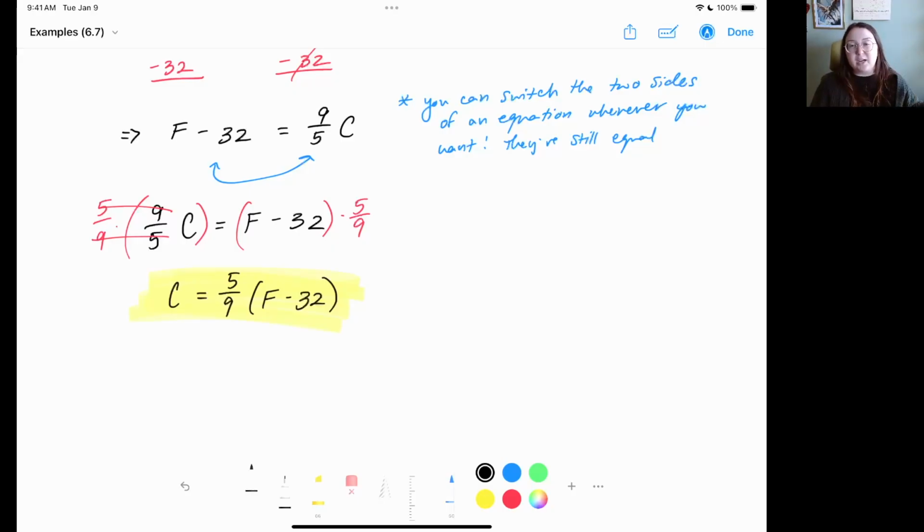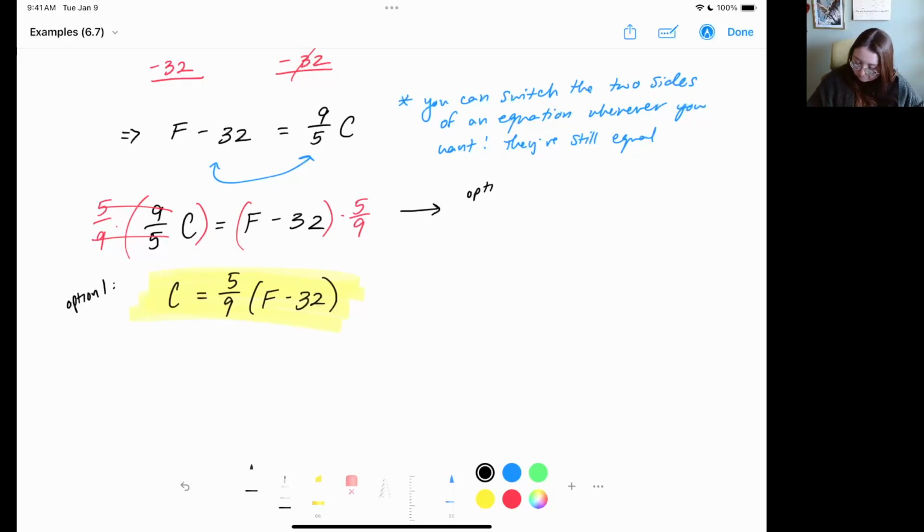When you have a fraction coefficient, multiplying each side by the reciprocal works pretty well. We don't need to simplify 5/9 times f minus 32, although you could if you wanted to.